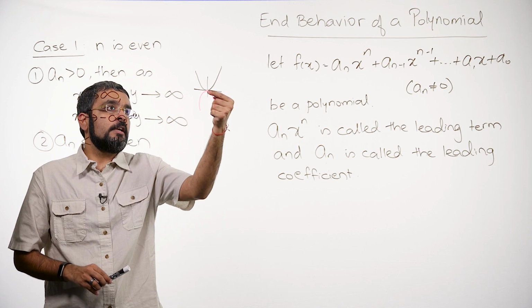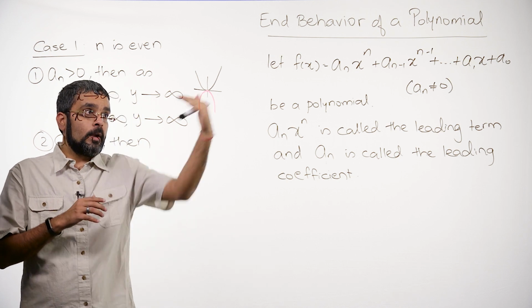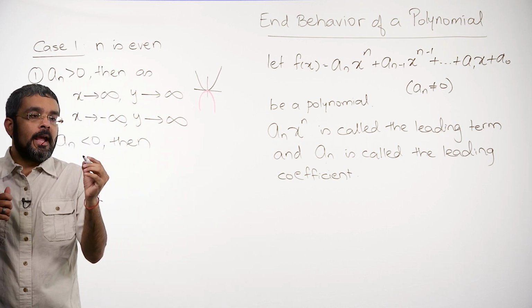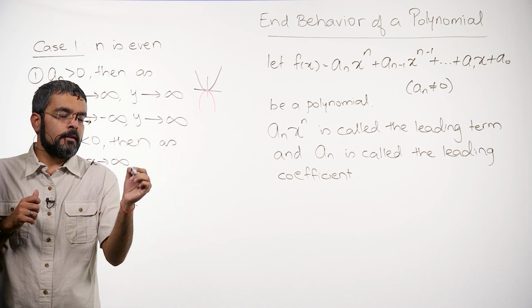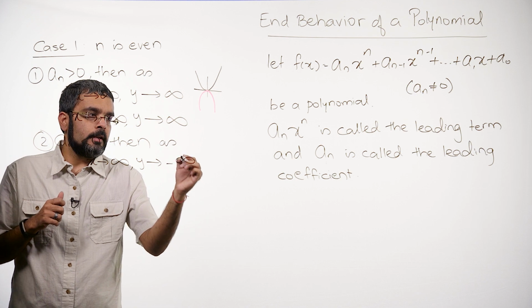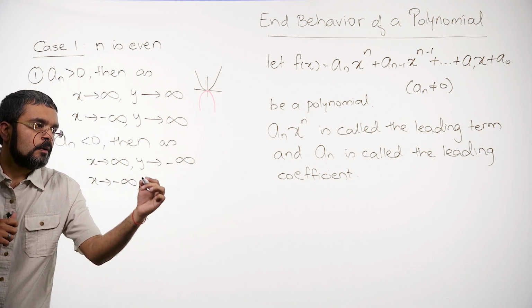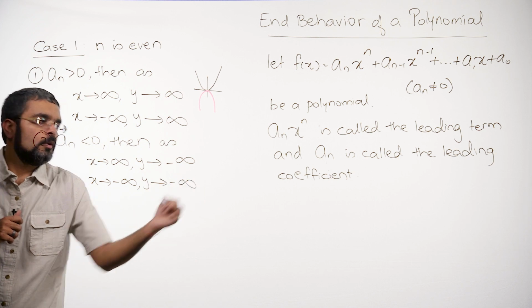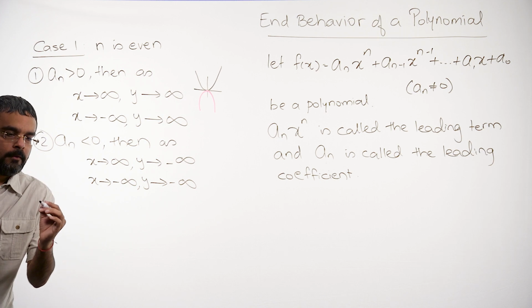If I went to positive infinity or negative infinity, my function values are going towards negative infinity. So as x goes to infinity, y goes to negative infinity, and as x goes to negative infinity, y also goes to negative infinity.